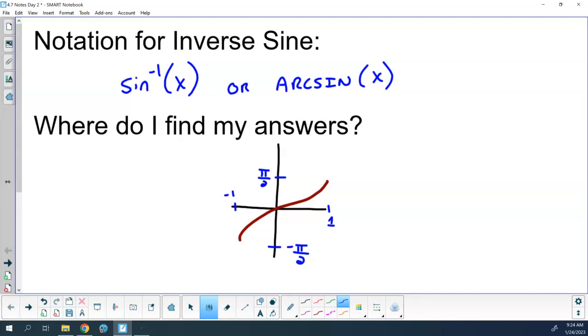So our outputs from the inverse sine or the arc sine have to be in between negative pi over 2 and positive pi over 2. And that allows us to have every possible outcome, okay? Because it's the right half of the unit circle.